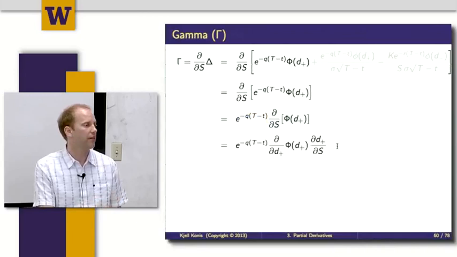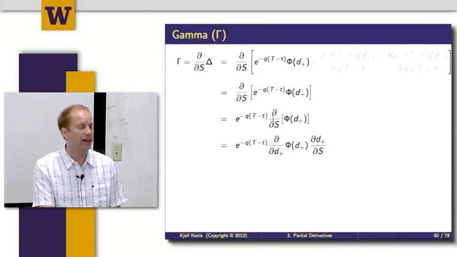And I'll go through this again, but we actually did this already when we were computing delta. So I'm taking the derivative of a function of d plus with respect to s, so I have to use the chain rule. And that tells me that I can take the derivative of capital phi of d plus, and then I have to multiply that by the derivative of d plus with respect to s.